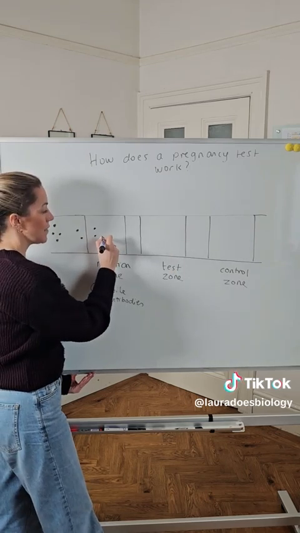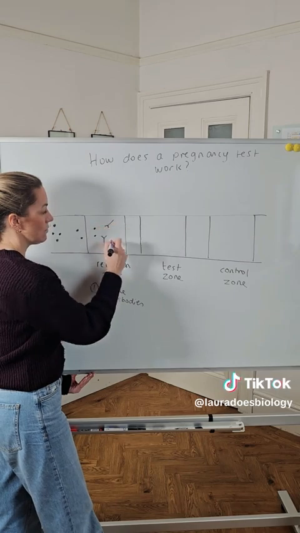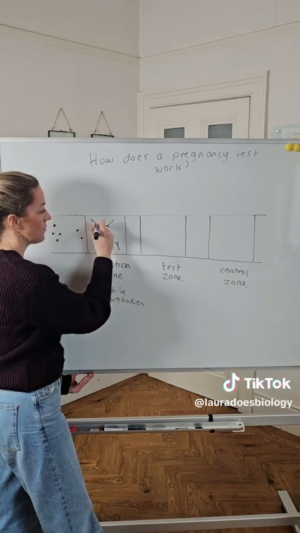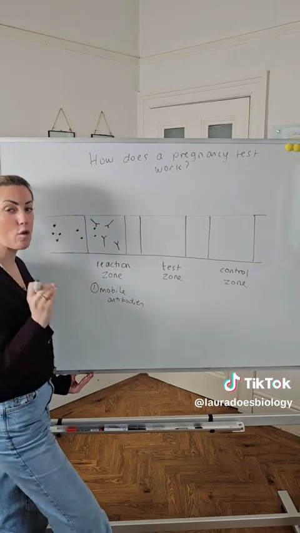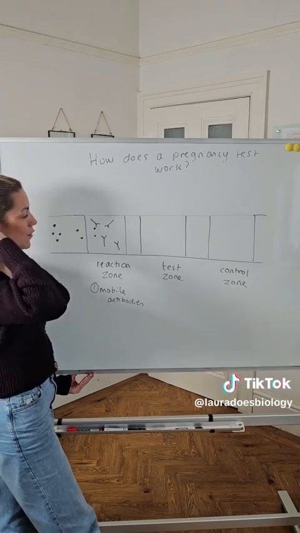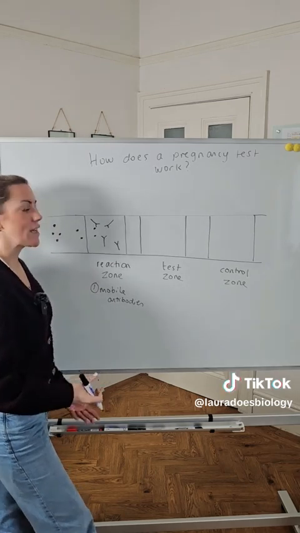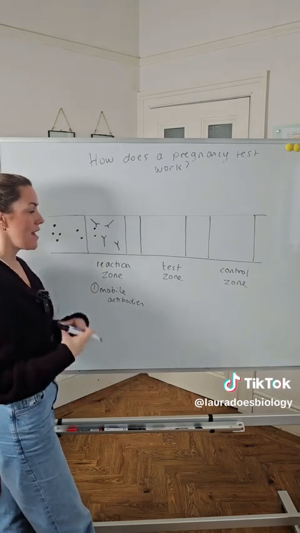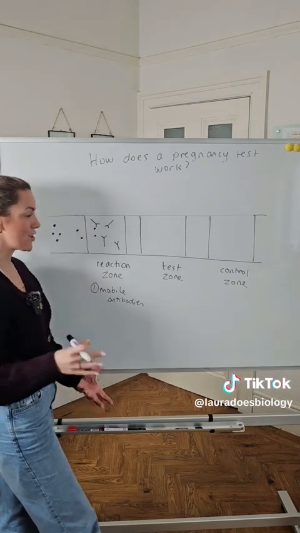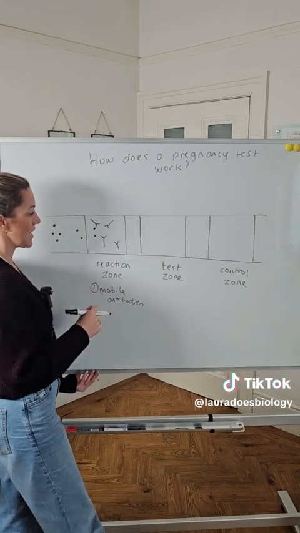Now, these mobile antibodies, if I just draw some in here, are specific for this HCG hormone. They're monoclonal antibodies. They've all got the same tertiary structure. They're made from a clone of B cells. That's your definition. They can all bind to HCG.